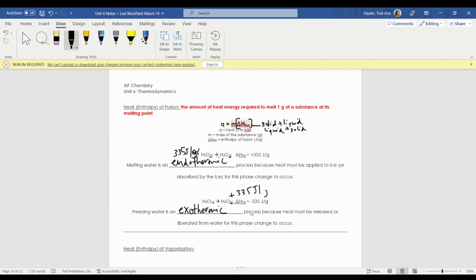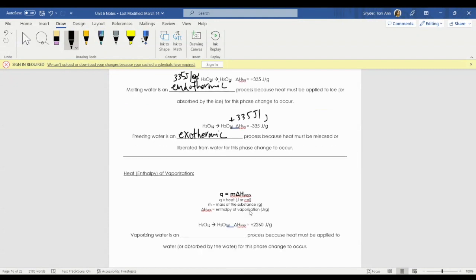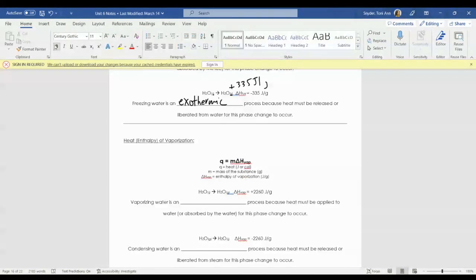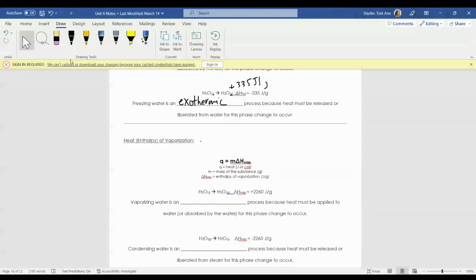On the other hand, it looks very similar when we consider vaporization. So going from a liquid to a gas or a gas to a liquid. And this is what we call the heat or enthalpy of vaporization. So remember, it's the exact same thing, but we're just considering a different state of matter here.